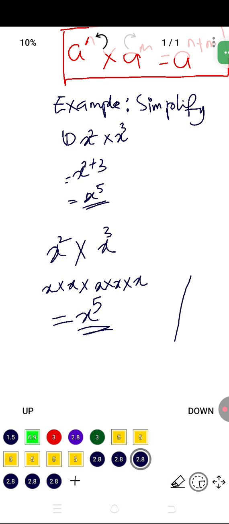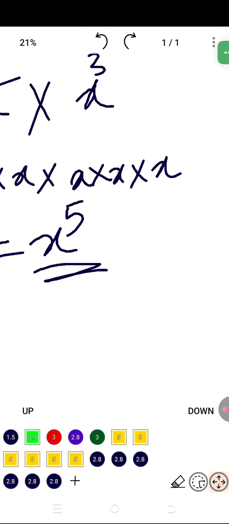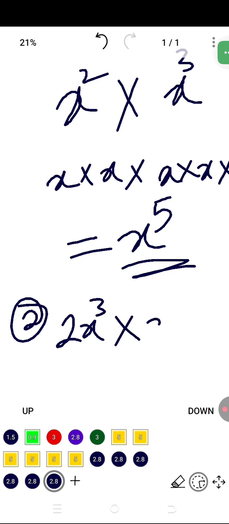Now let's take another example. Example 2. Let's say we have 2x raised to power 3 times 3x raised to power 4.